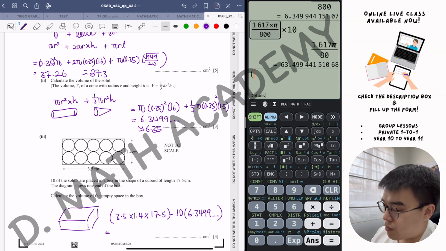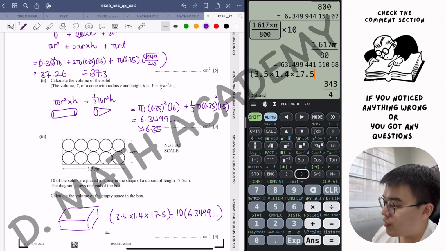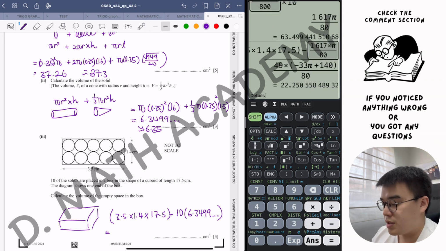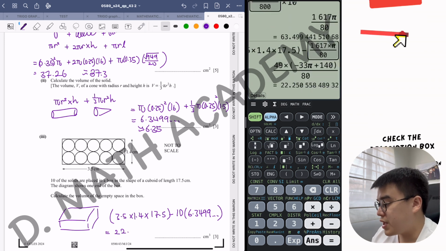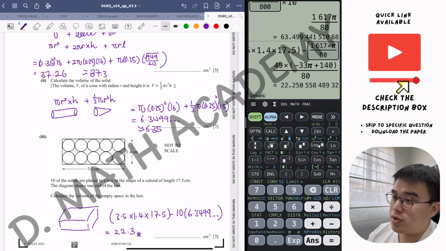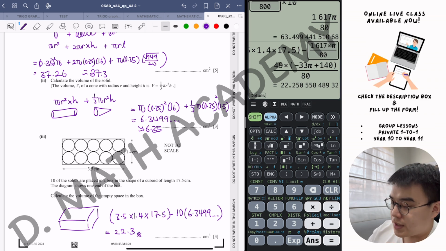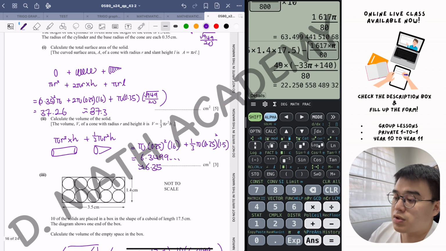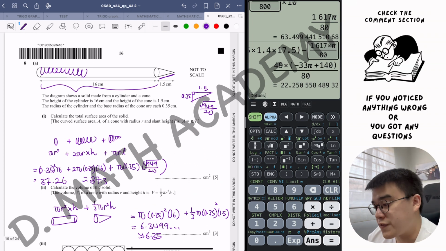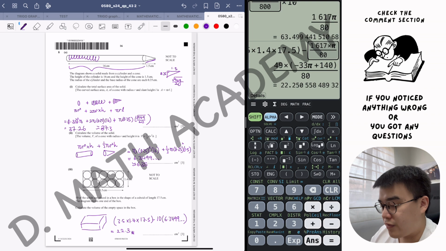At the same time, I will be using 3.5 times 1.4 times 17.5, minus it. You will get the empty space value as 22.3. Just in case you don't know how I get the 17.5, it's actually the total length of the pencil here, 16 plus 1.5.